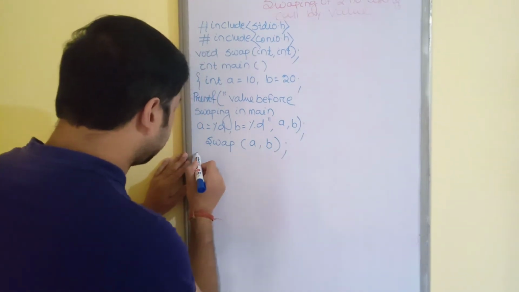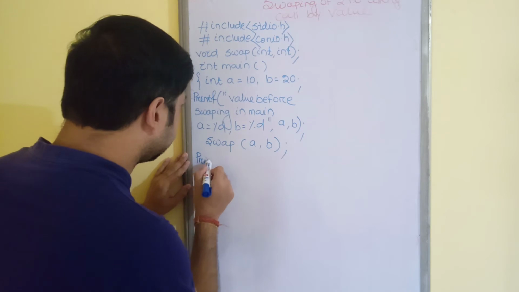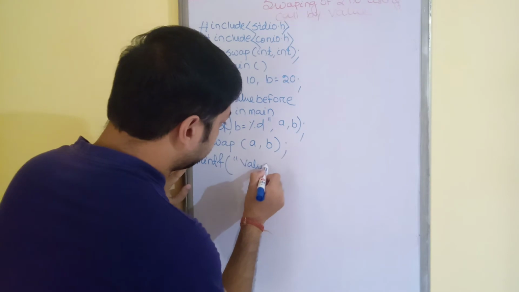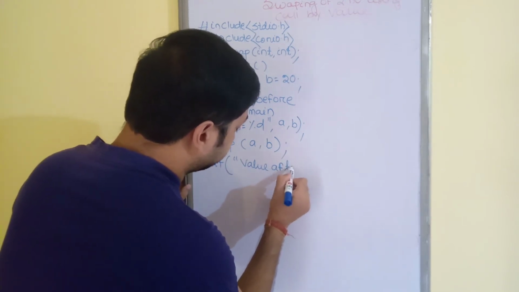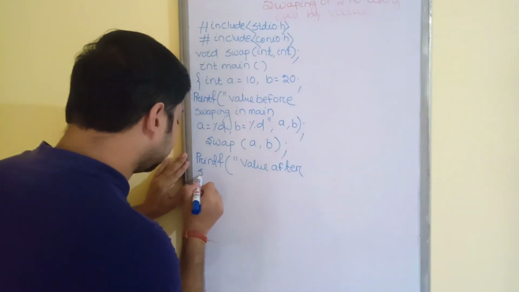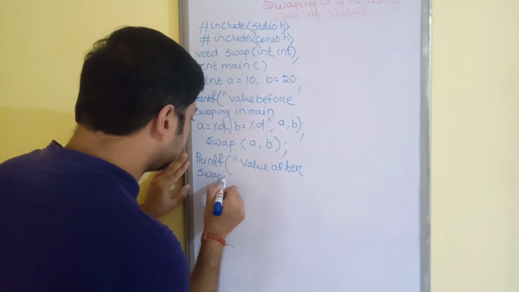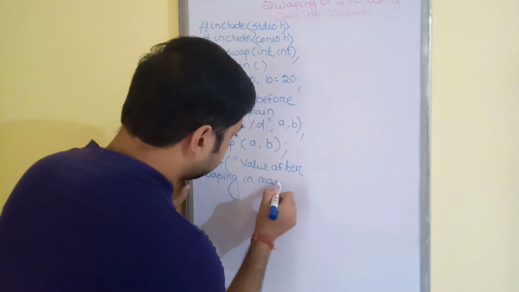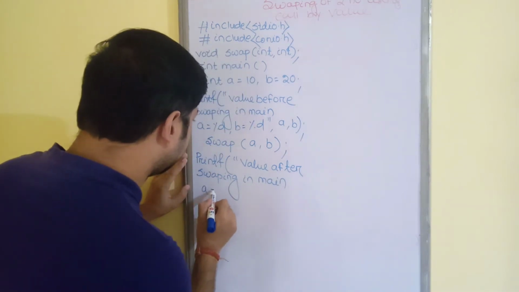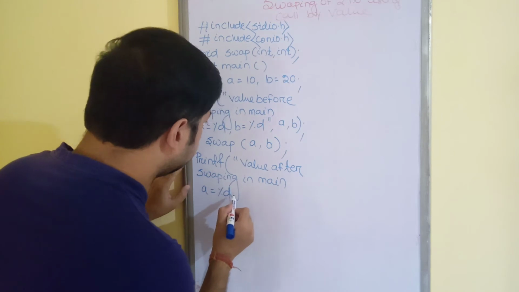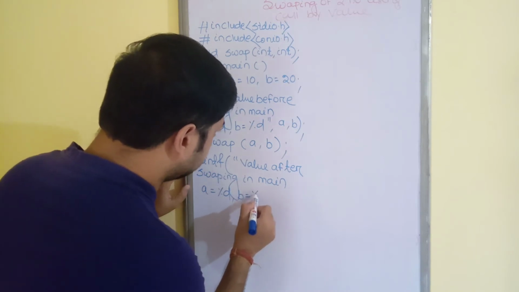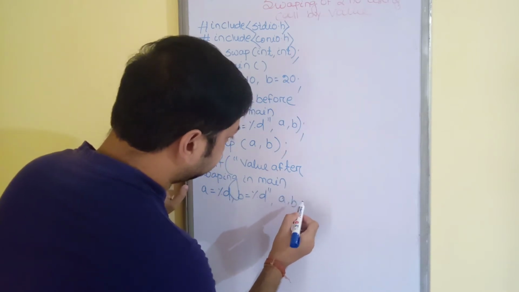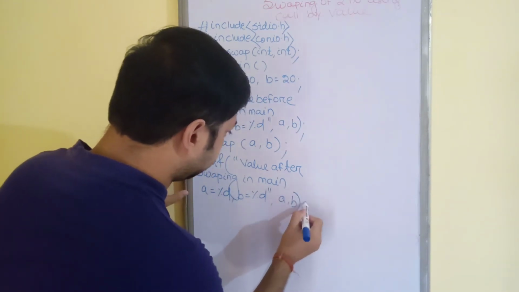Now after swapping I can write here printf value after swapping in main, that is a equals to %d, b equals to %d, that is a comma b.